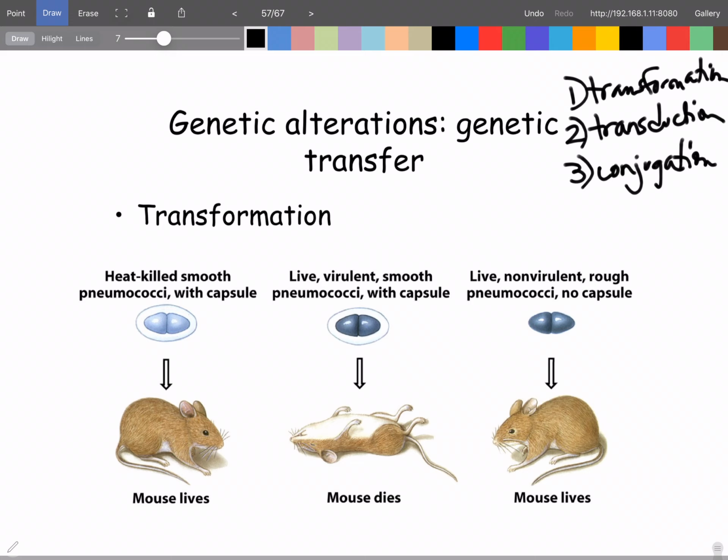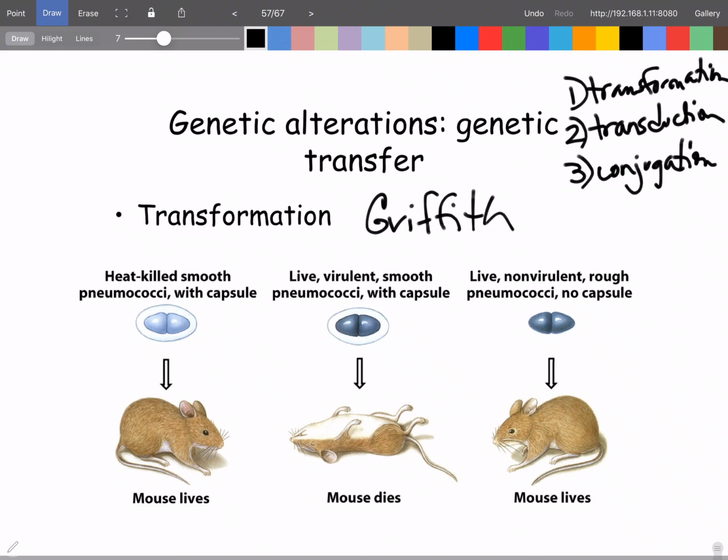Transformation comes from an interesting story of a guy back in the 1920s. His name was Griffith. It was at that time a booming age of vaccines. There were all kinds of vaccines in development. For every pathogen that was discovered, scientists were aggressively looking for vaccines to prevent that disease.